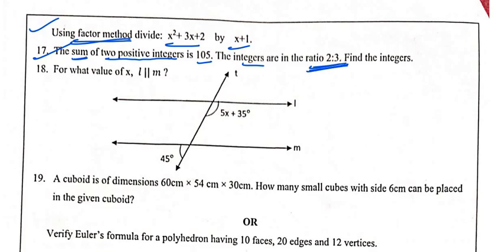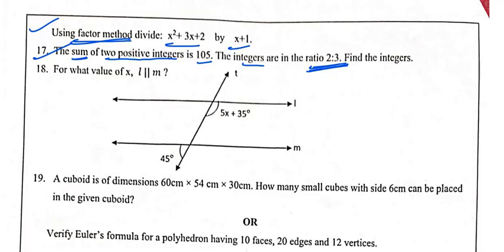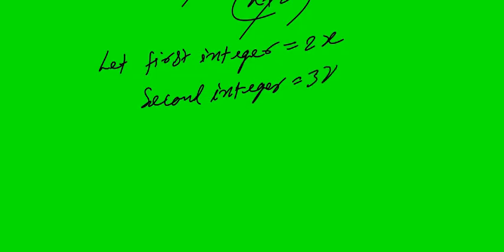So here you will write, let the first integer be 2x and the second integer be, according to the ratio, 3. So we can write 3x.